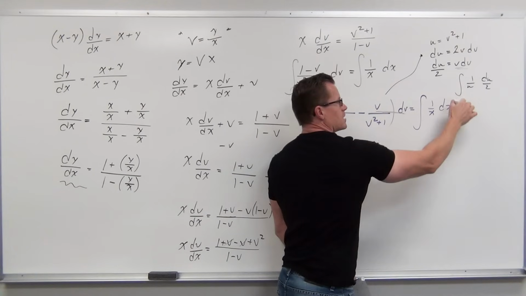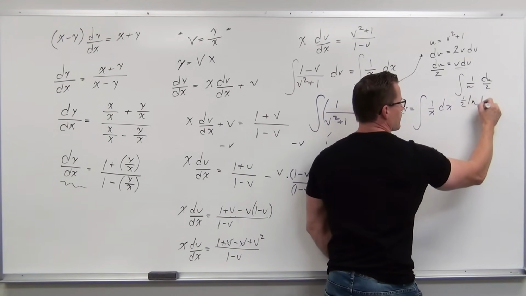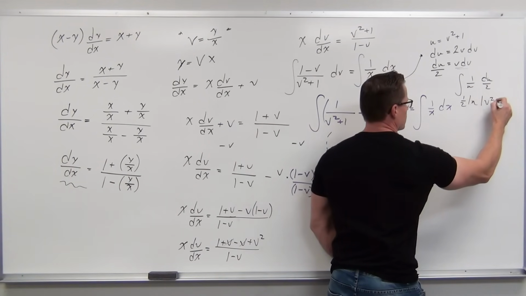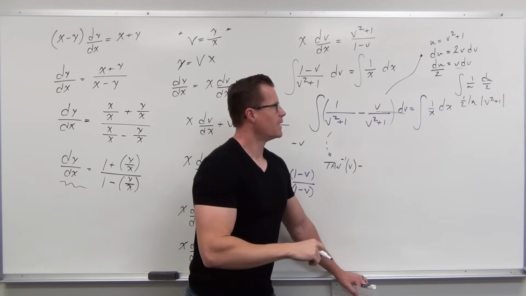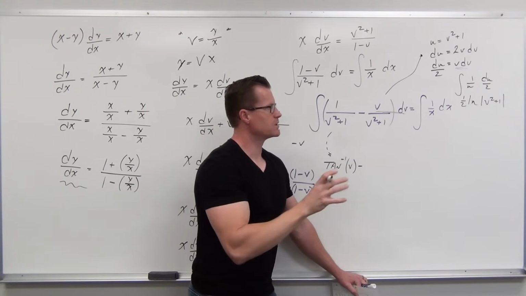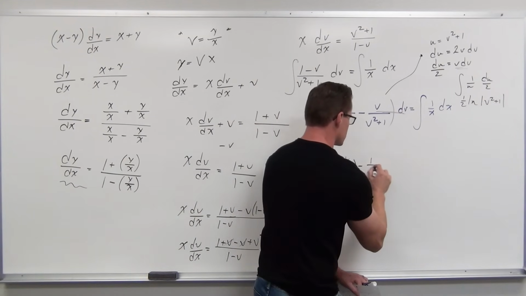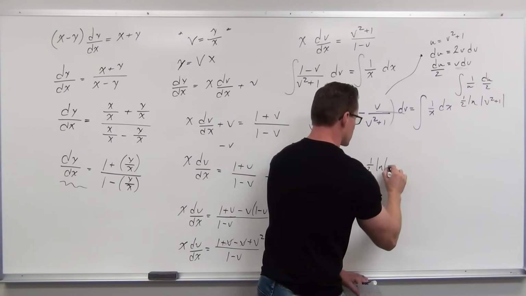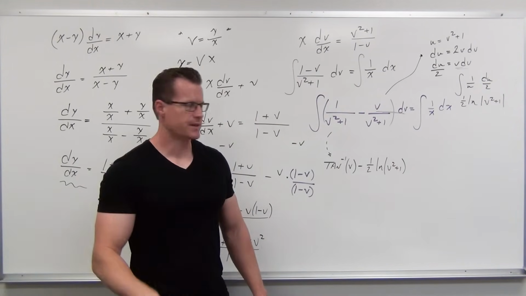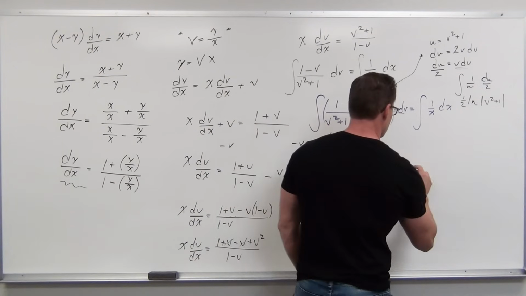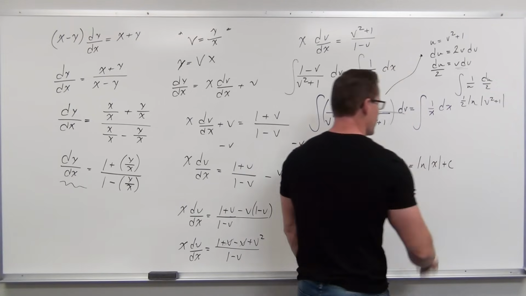And so this is going to give us one half, that's the du over 2, ln, that's 1 over u, and then u is v squared plus 1. So let's put that back. Since v squared plus 1 is never negative, we don't need the absolute value. On the right-hand side, we do. And I hope that makes sense.